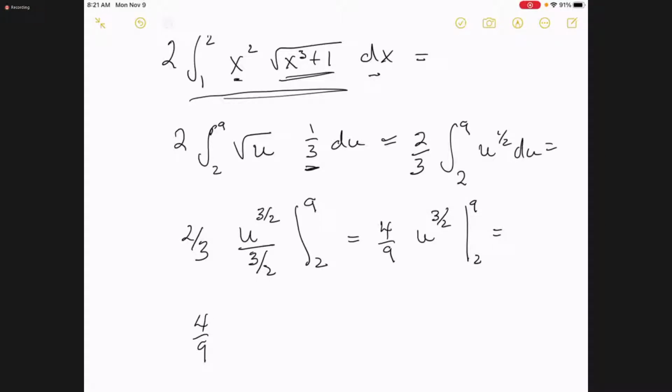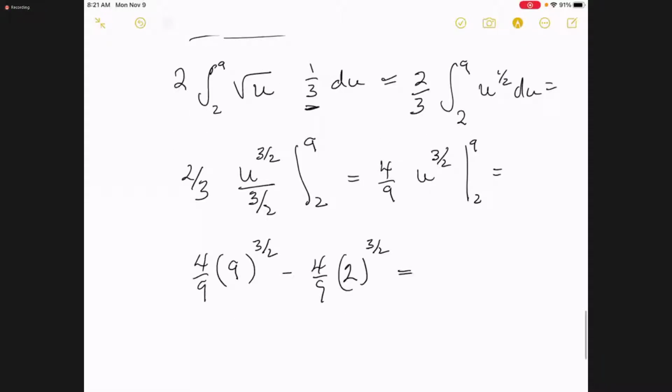Okay, so 9 to the 3/2 minus 4/9 times 2 to the 3/2. The square root of 9 is 3, and 3 cubed is 27. And then the square root of 2, well, that's nothing good. It's just the square root of 2 cubed. That's going to be 4/9 times 2 times the square root of 2.